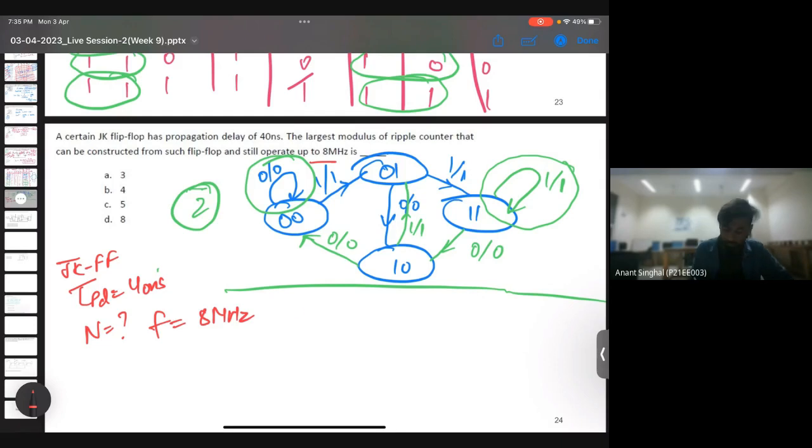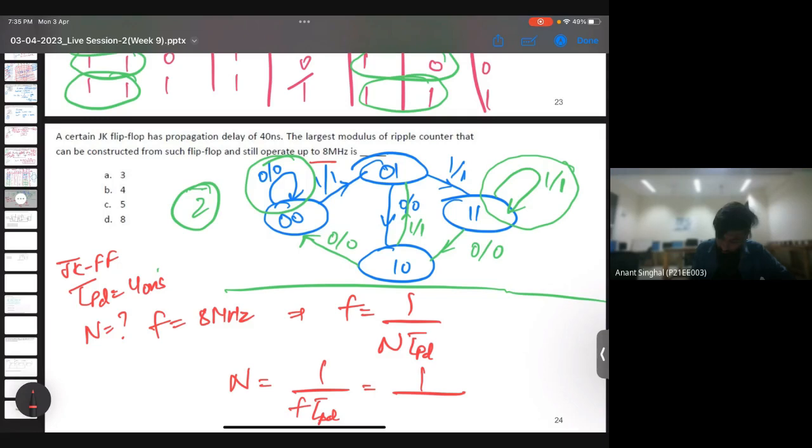So it is a general question. The frequency is, we know the formula, 1 upon n times tau pd. It is asking for the value of n only. So n will be 1 upon f times tau pd. F is given as 8 megahertz, which is 8 into 10 to the power 6, and tau pd is 40 nanoseconds, 40 into 10 to the power minus 9.